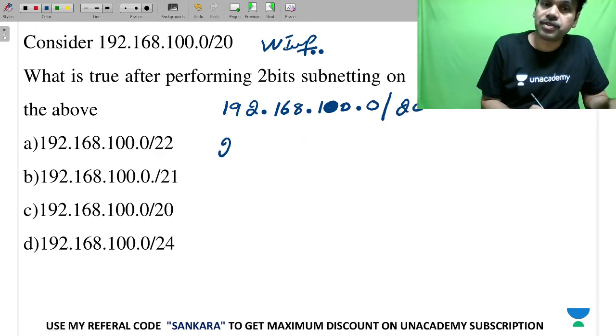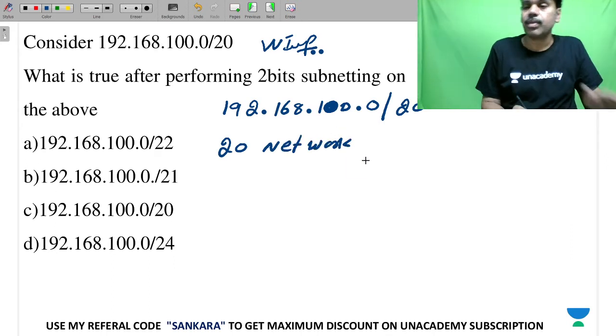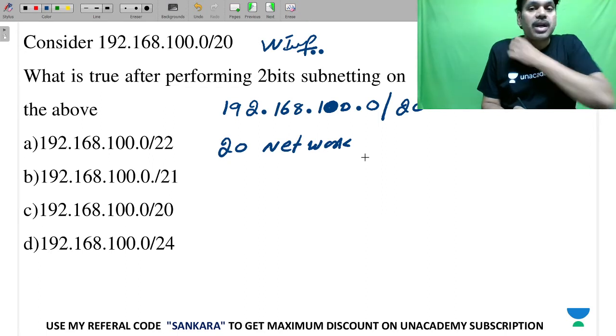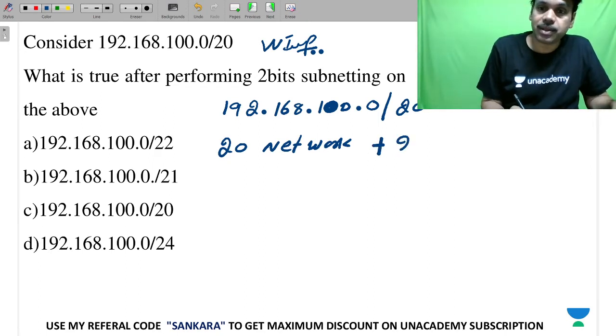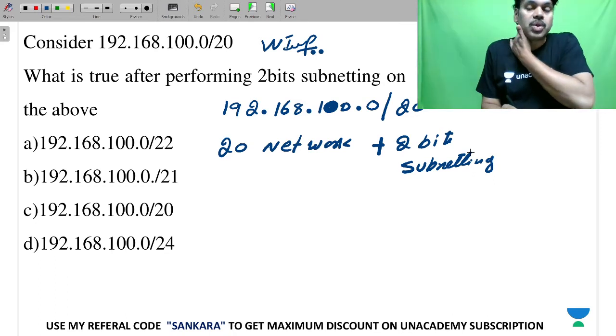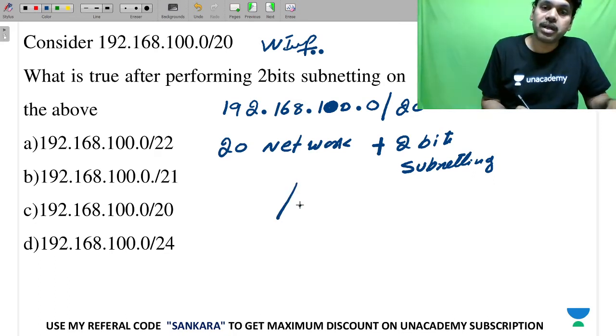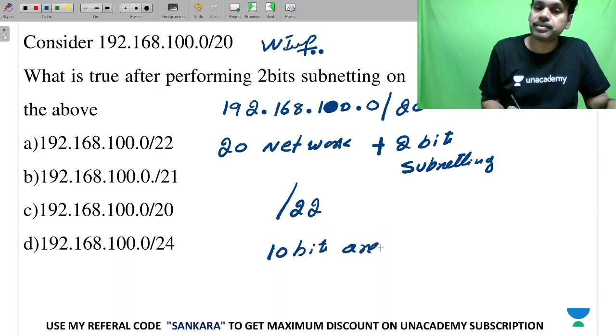What is the meaning of 20? 20 bits for NID, the network. And 2 bits we are using for subnetting. So in total, how many are reserved? 22. And the rest, 10 bits, are HIDs.